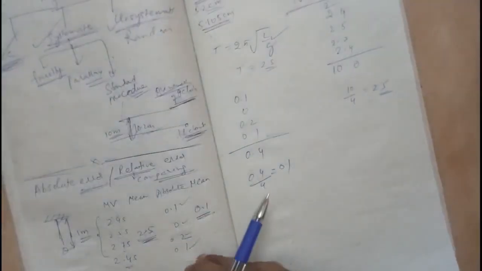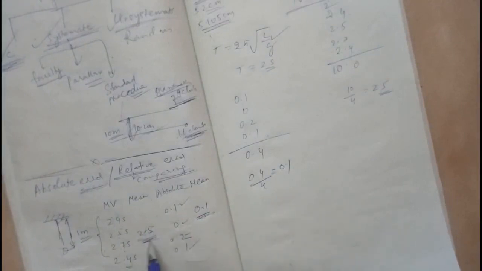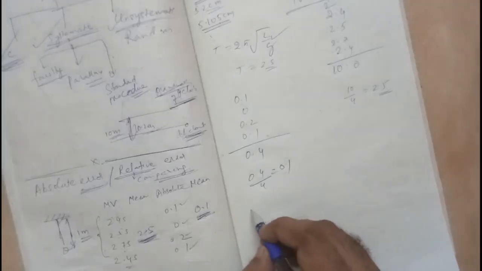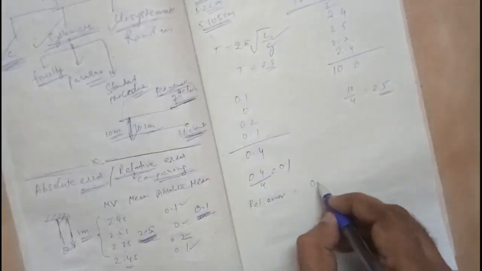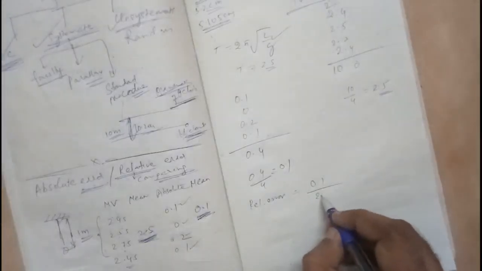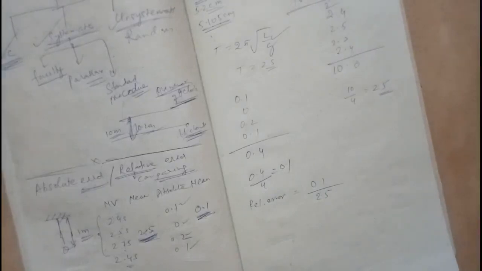So now we will talk about relative error. So when you are taking a true value of 2.5, you are making an error of 0.1. So relative error is defined as this mean value divided by this value. Okay, so this is the mean absolute error and this is the true value.